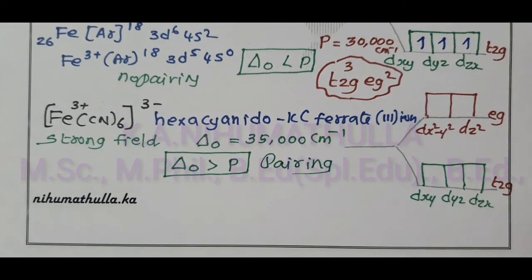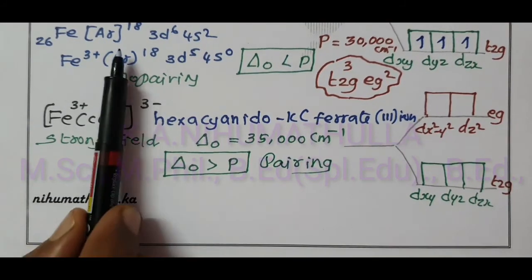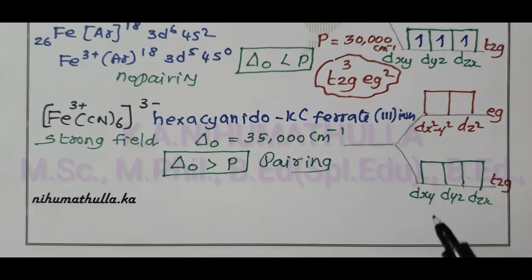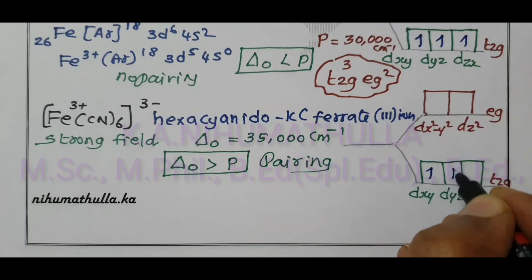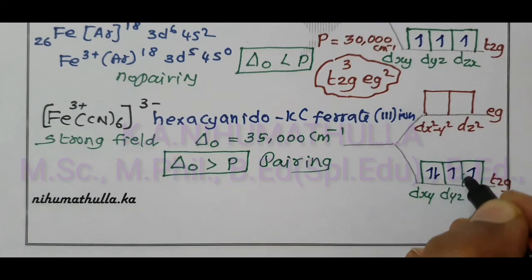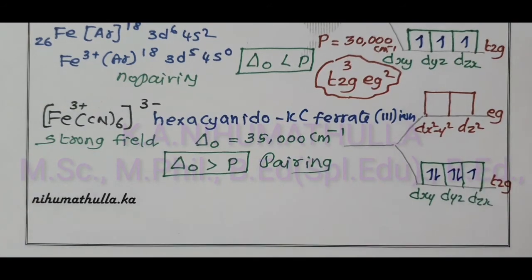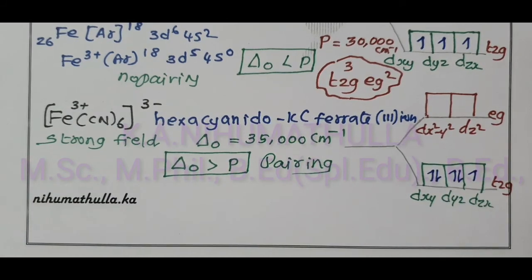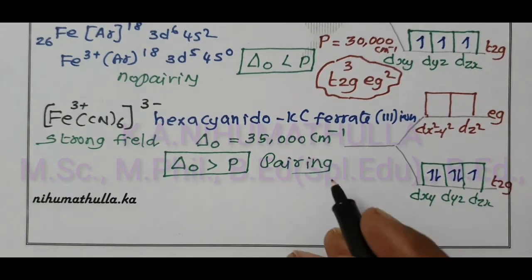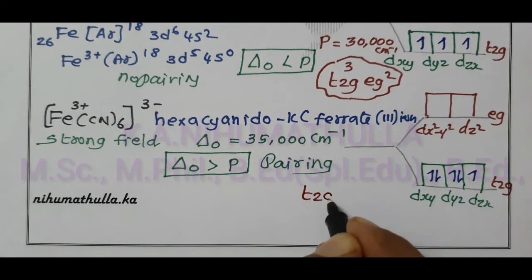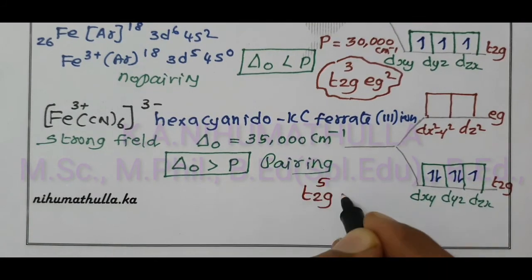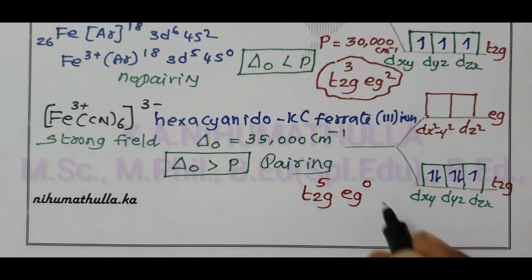How do you distribute these 5 electrons in T2g and Eg? By pairing: 1, 2, 3, 4, 5. The preferred electronic configuration is one with the lowest energy. Now the electronic configuration is T2g5 Eg0.